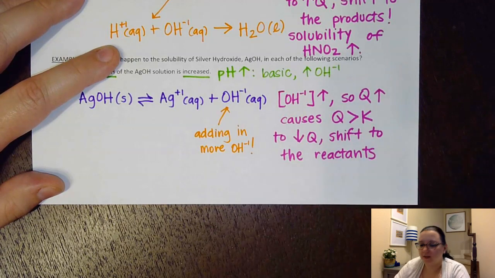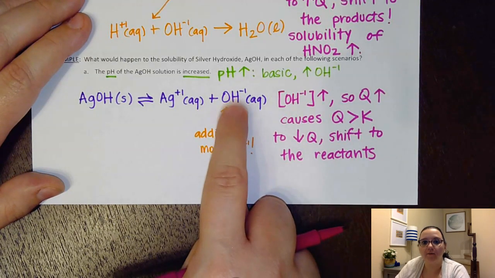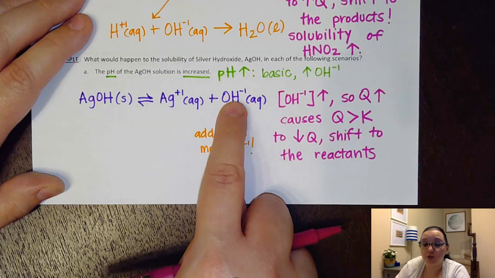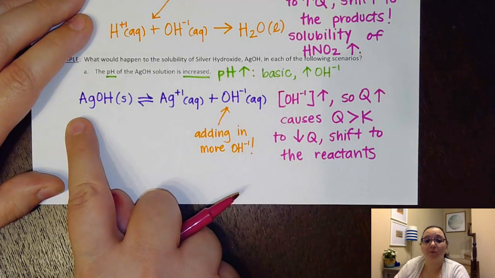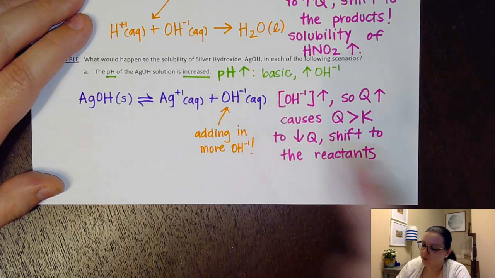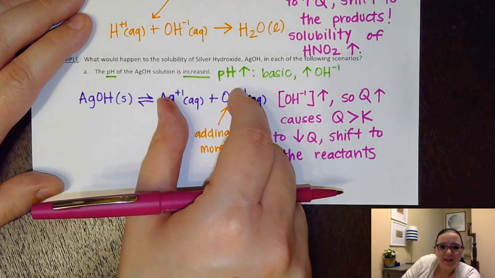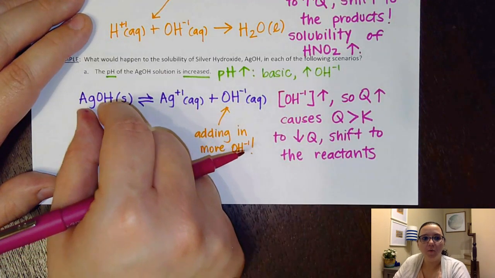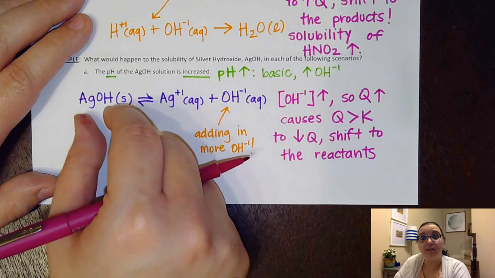As a reminder of Le Chatelier's, I always shift away from what I add. If I'm adding the OH, I would want to shift back to the reactant side. Shifting to the reactants means that less of these ions are going to be formed and more of that solid is going to be stuck together.